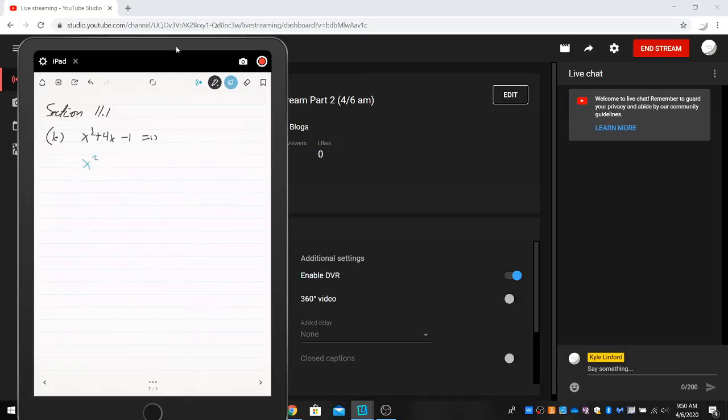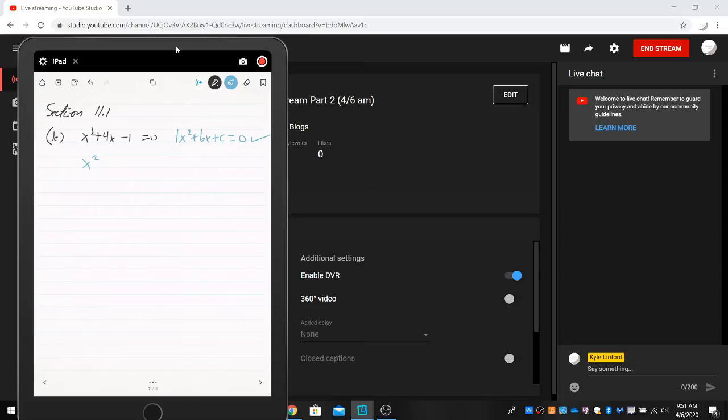What we do is, first off, make sure that your polynomial is in the form x squared plus bx plus c equaling 0. Make sure your leading coefficient is a 1. It has to be a 1, okay? And make sure it's set equal to 0. So we have that here.